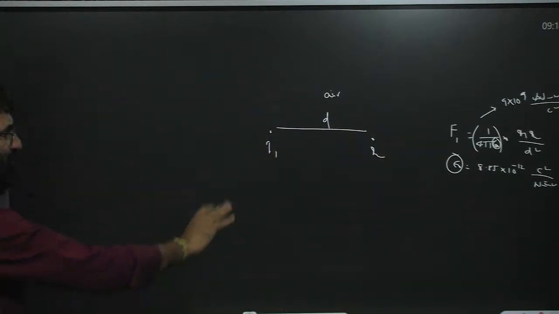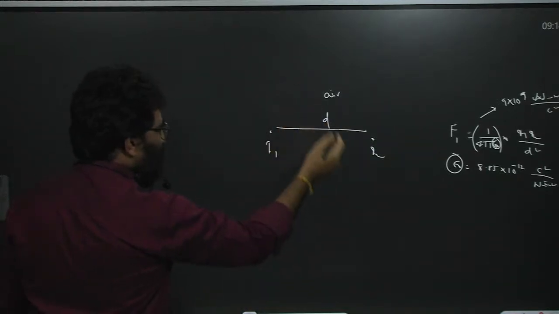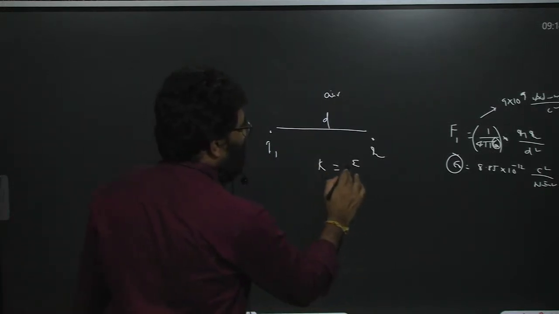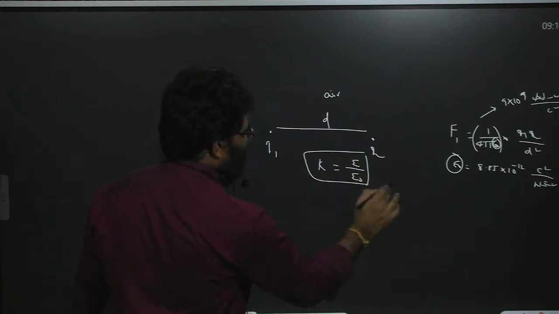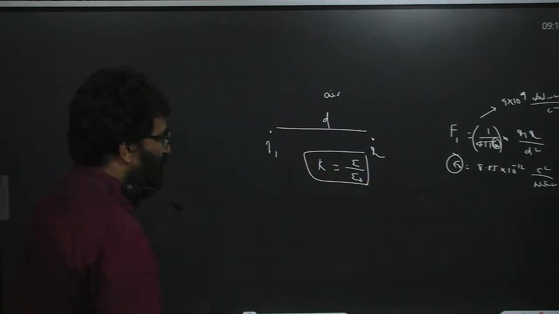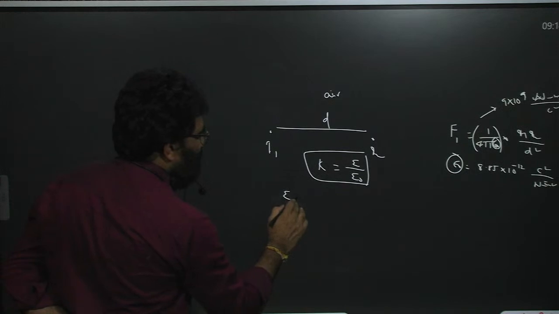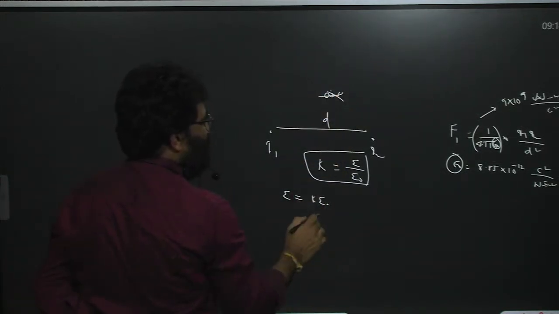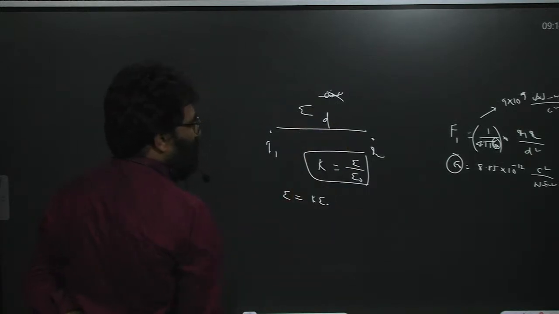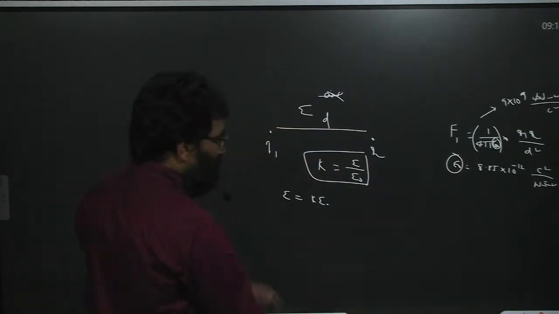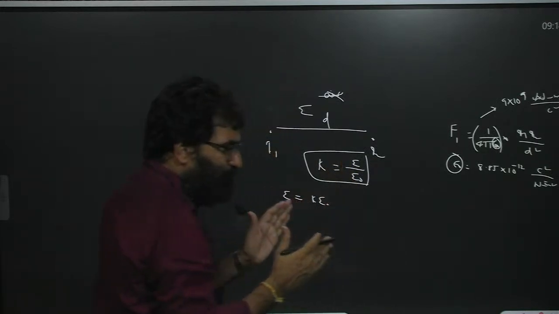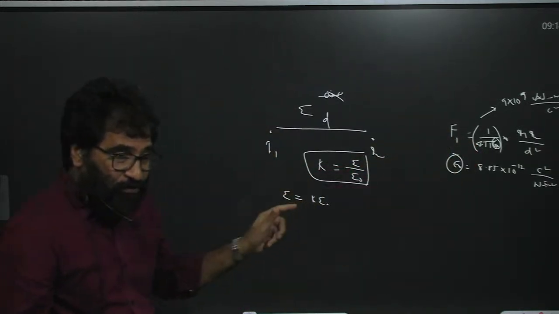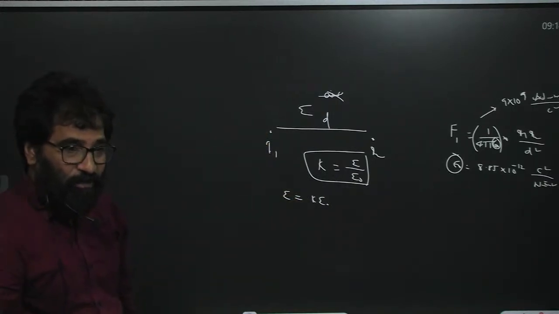When we replace air with another medium having some dielectric constant K, that is the relative permittivity, epsilon by epsilon naught. Epsilon is just K times epsilon naught. When we replace air with some different medium, the force of interaction between the two charges remains the same, but the net force on one of the charged particles will change.